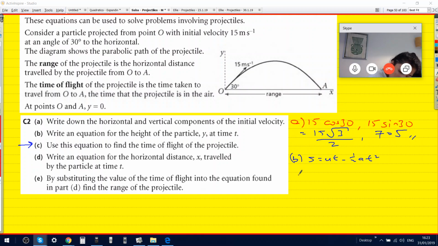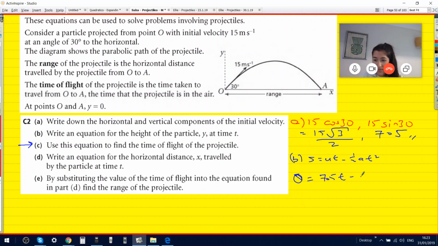So t can either equal 0 or t can equal... calculator. What was it? 15 sine 30.